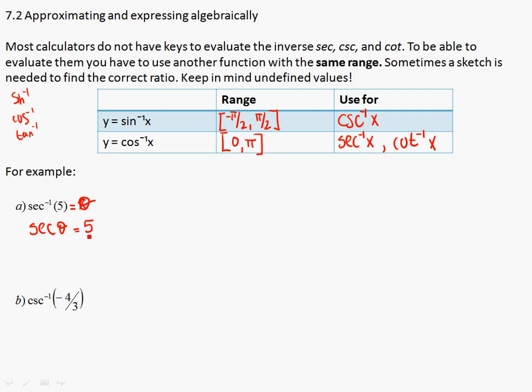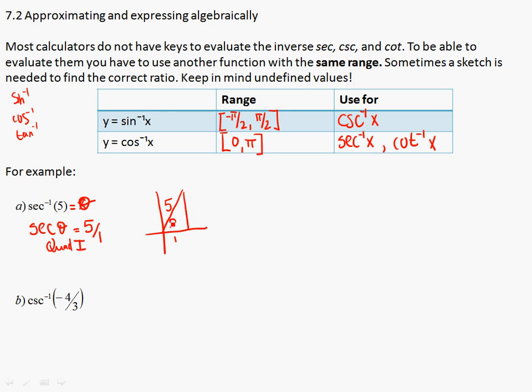In what quadrant am I, so that I can draw the right picture? Yeah, I'm in quadrant 1. Everything that's positive is in quadrant 1. So the 5 can be shown as 5 over 1. The 5 is your hypotenuse, right? And the 1 is what? It's your adjacent side, right?